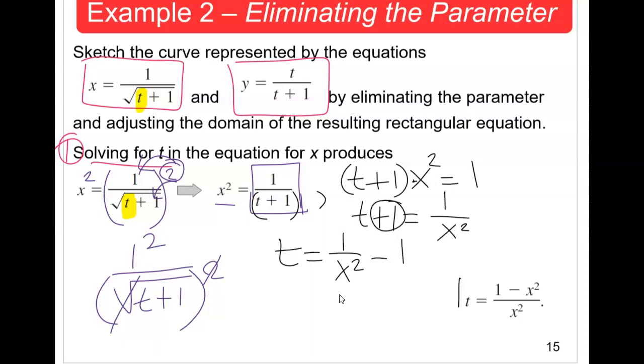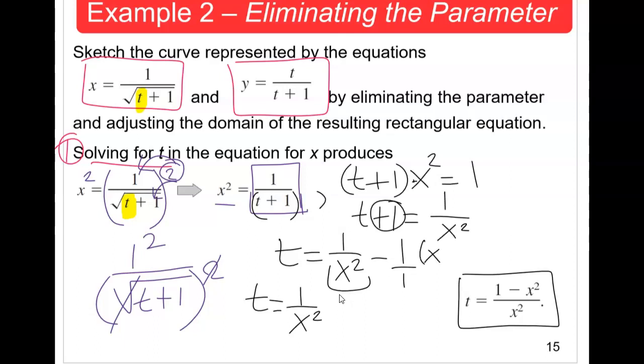Now, the solution that you see here might be more convenient to work with. To get to that solution, you will just have to change the number 1 so that it has the same denominator as the first fraction, x squared. To do that, it will be enough to multiply the 1 by x squared, top and bottom. And so with that, we get x squared over x squared.